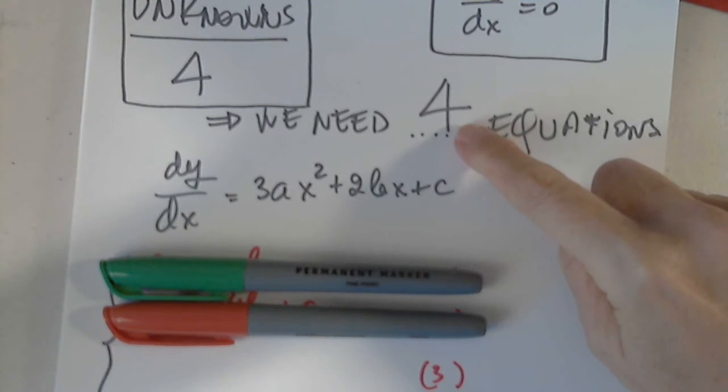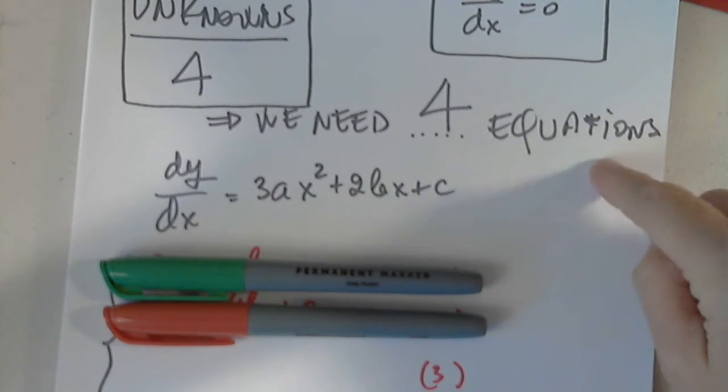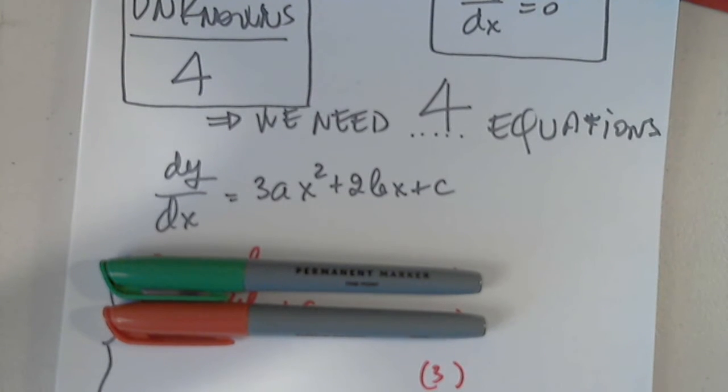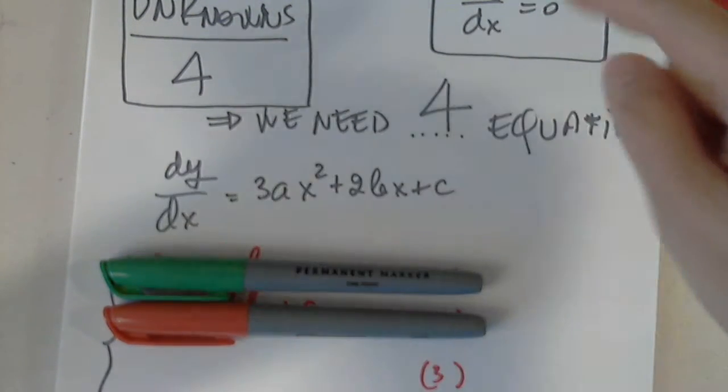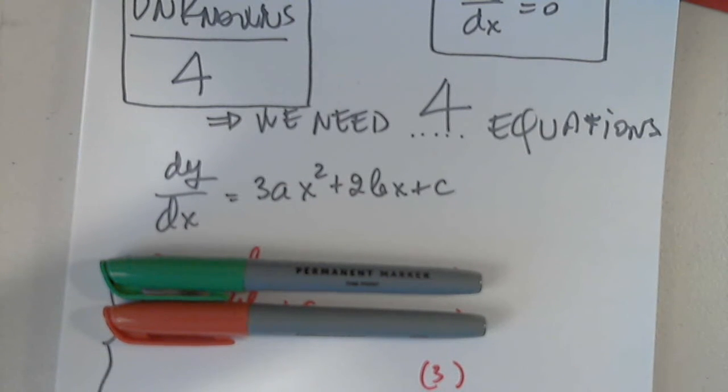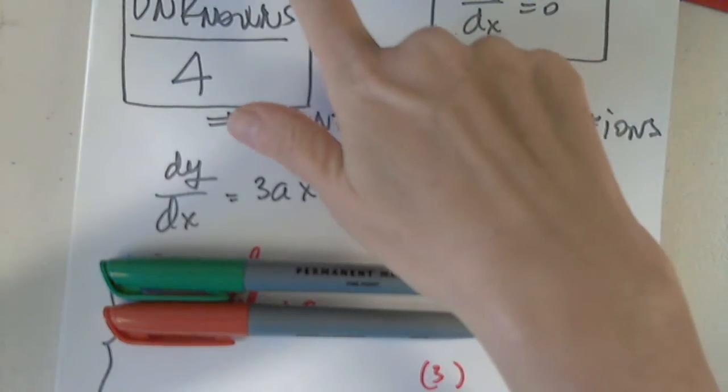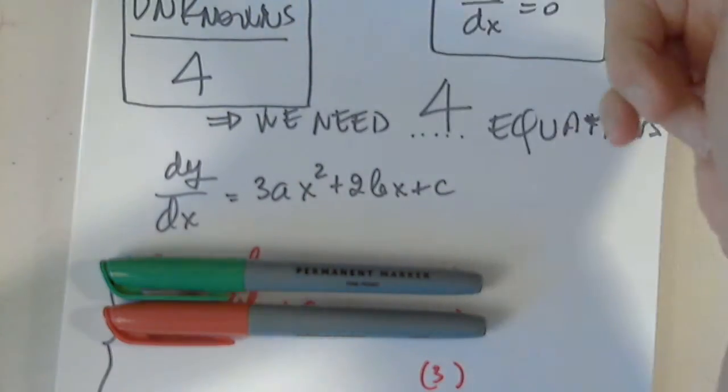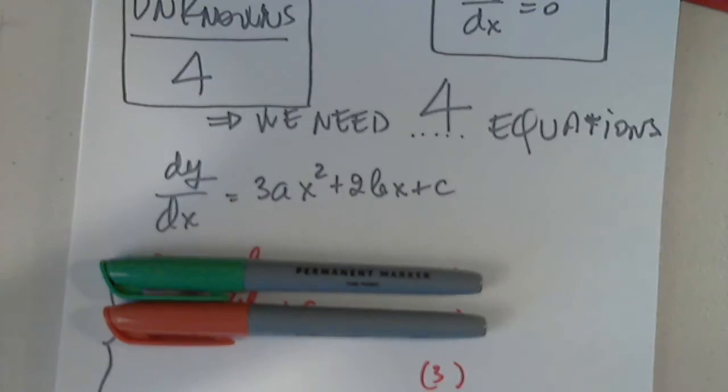Could you differentiate them again? We don't have any information about the second derivative. We could use the point slope form? No, because there's too many. Nope.